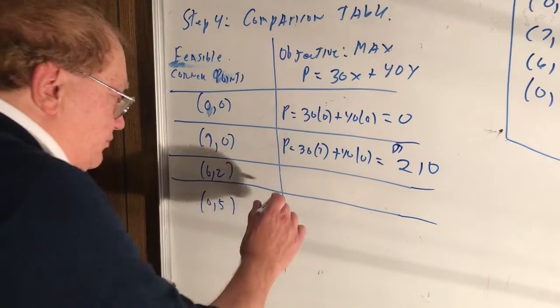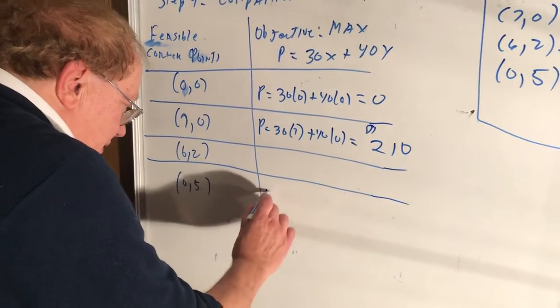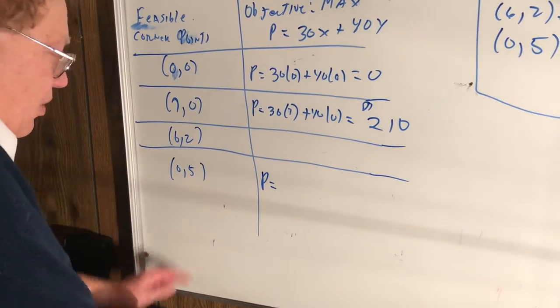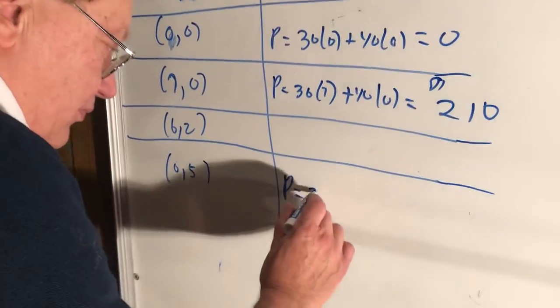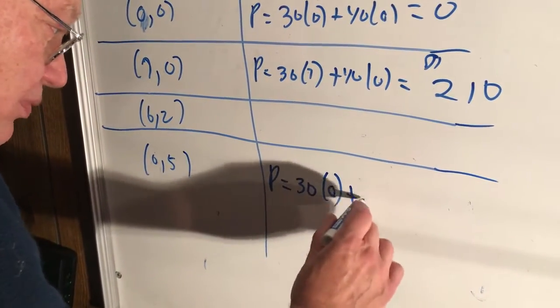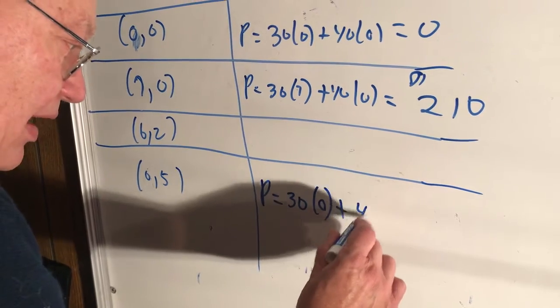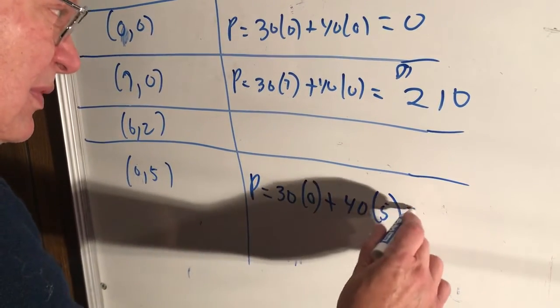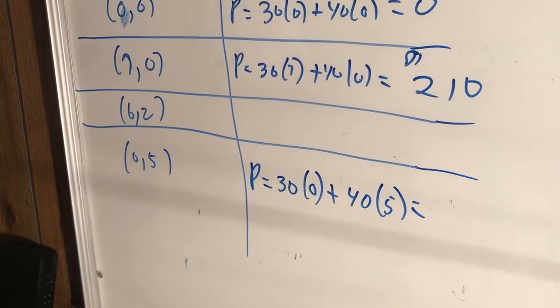Now this one, let's do the bottom one first. X is 0, y is 5. 30 times 0 plus 40 times 5. And that equals 200.